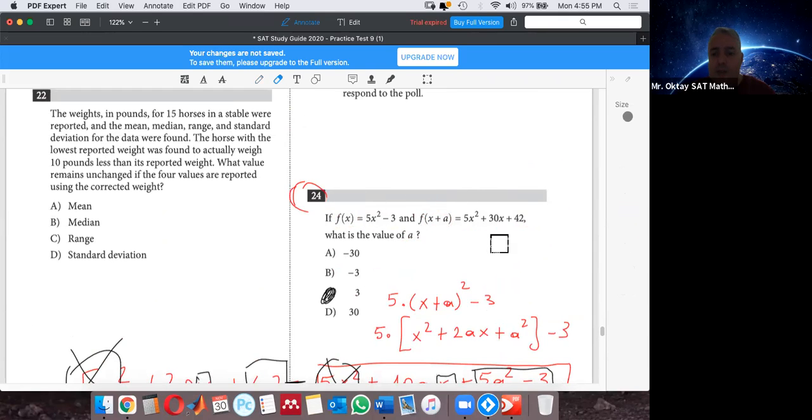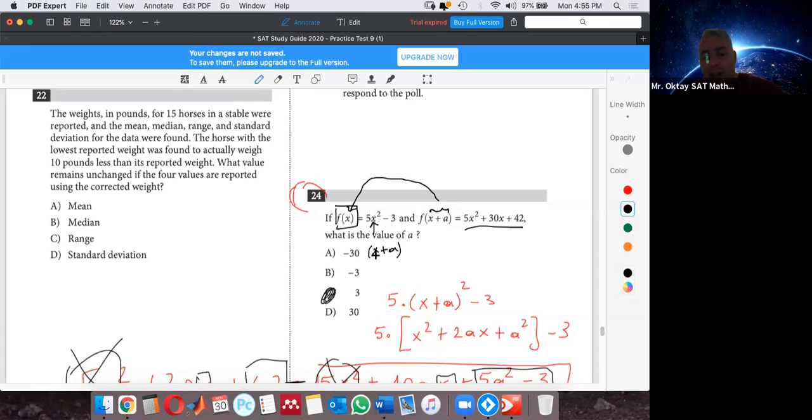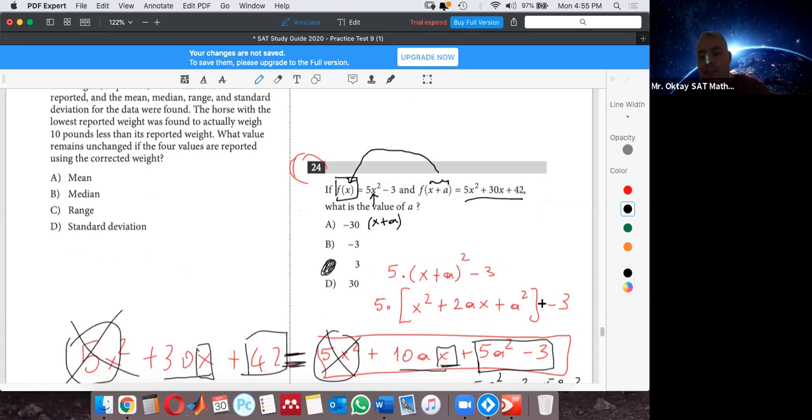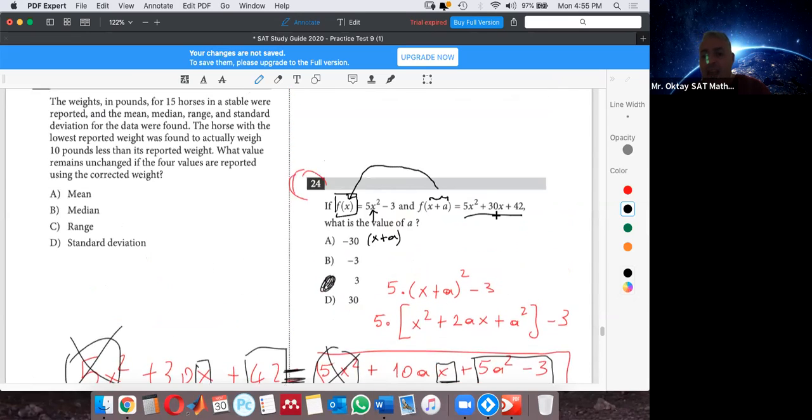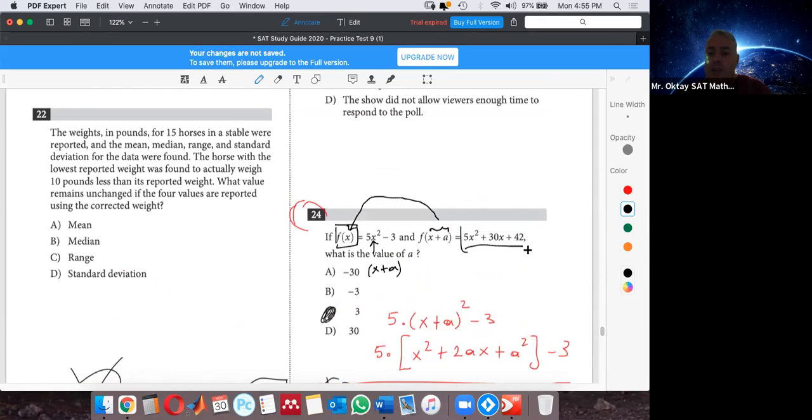What did I do? The question f of x is given. So it says that f of x plus a is this. So let us find f of x plus a. We put instead of x, x plus a. So in this definition, instead of x, we put x plus a. And then the resulting expression, which is this, equals the given one.